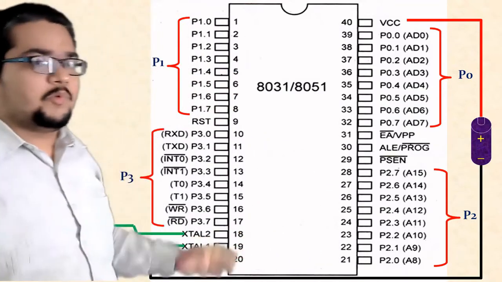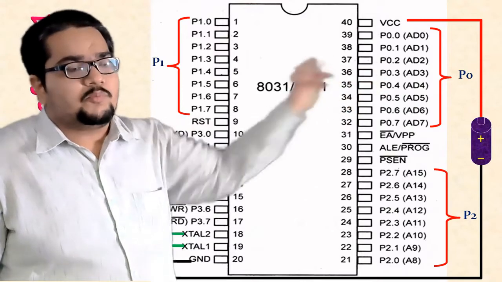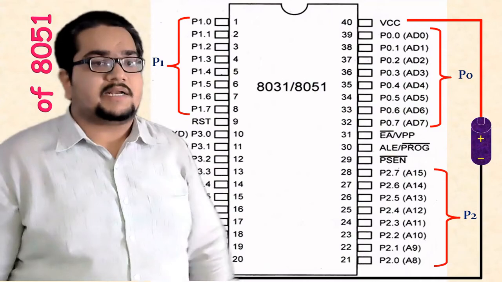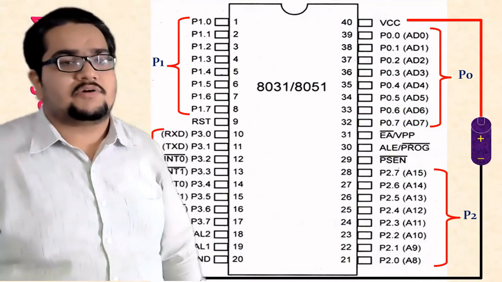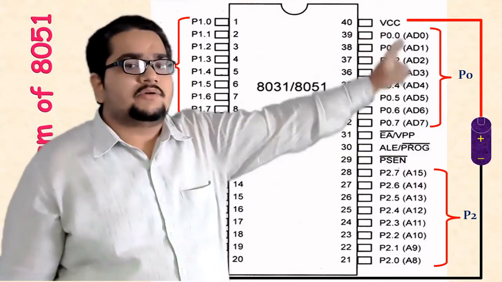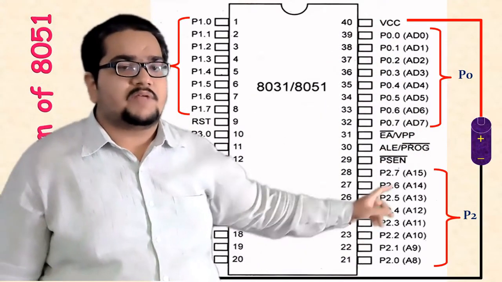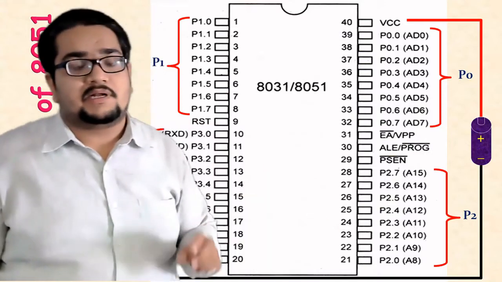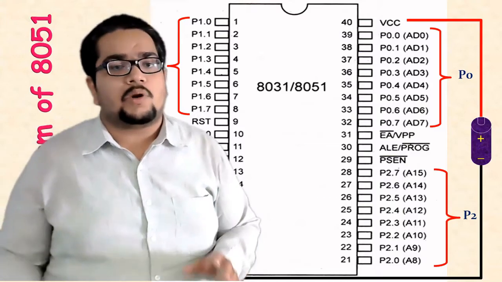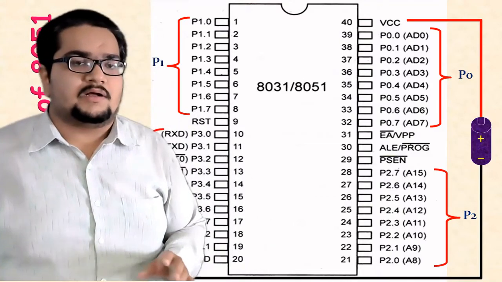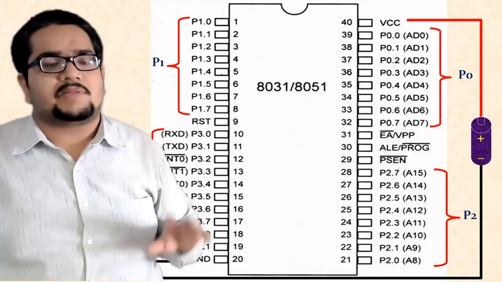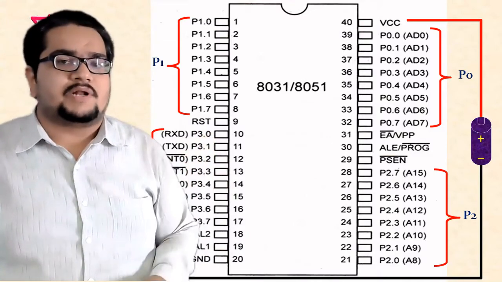Here you can see the 4 ports of the 8051: port 0, port 1, port 2, and port 3. Now, we say that a total of 16 address lines are there on the 8051. Where exactly do the address lines lie? Address lines are here, AD0 to AD7, then A8 to A15. AD0 to AD7 are address and data lines. That means the lower address bus, bits 0 to 7, is time multiplexed with the data bus, similar to the time multiplexing we had in the address data bus of the 8086.